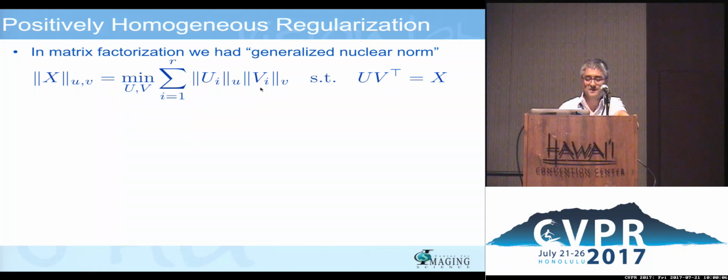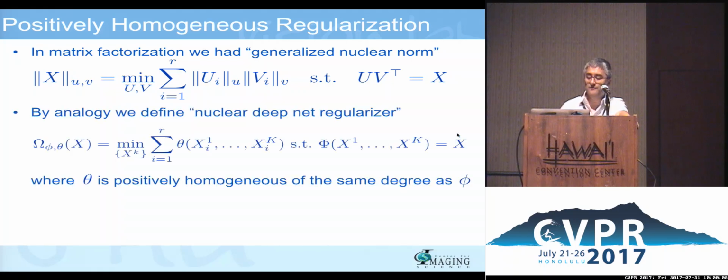So here is the generalization. I'm going to start with the far right, so look at where my mouse is. So pick the output X of the network, right? Select the weights X1 through Xk such that the network produces X as its output. So this is entirely equivalent to this. Given a matrix X, find a factorization of it.